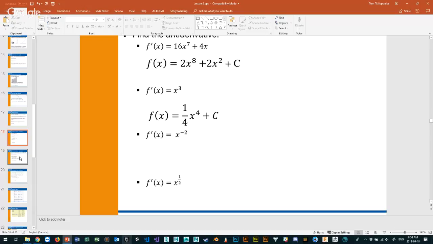If it's 5, if I go one step back up, then it would be 5x plus c as my first antiderivative. Because when you go back to velocity, you might have a constant component as well. So 5x plus c is now your first antiderivative.